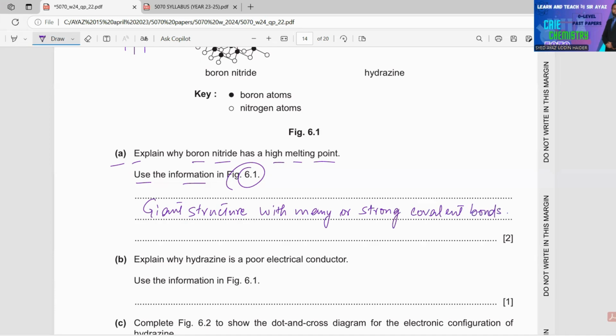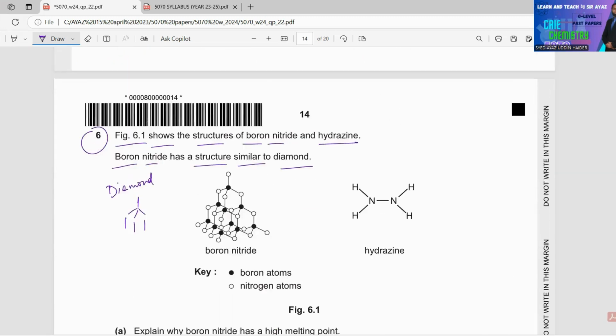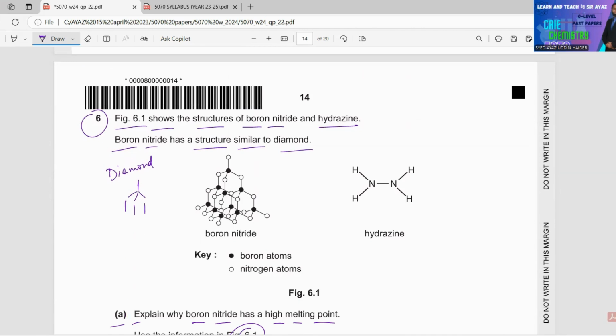B, explain why hydrazine is a poor electrical conductor. Use the information in figure 6.1. See the figure 6.1, you have hydrazine here. If you look at this structure, it's definitely containing covalent bonds, and the structure indicates that it's a simple molecule.